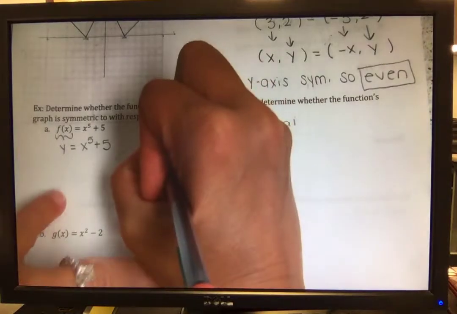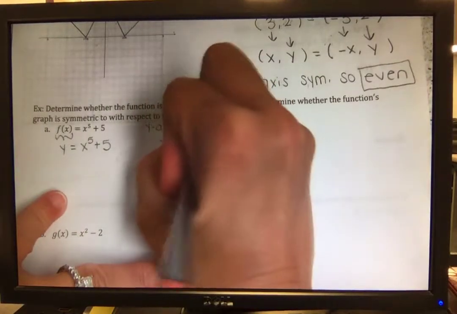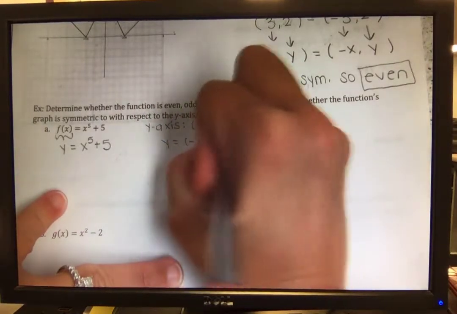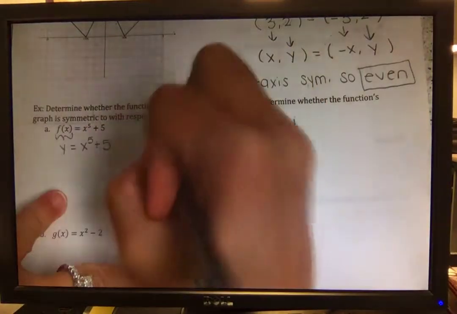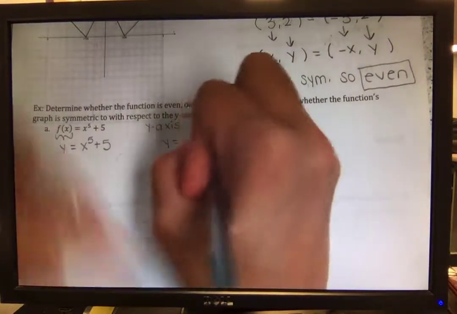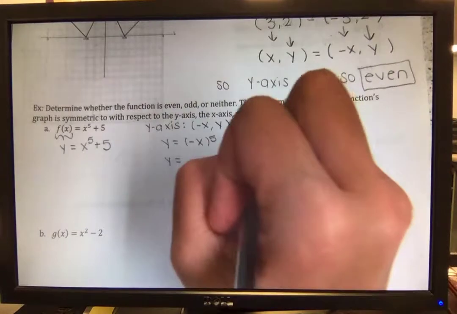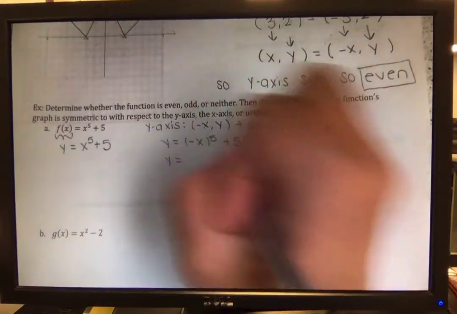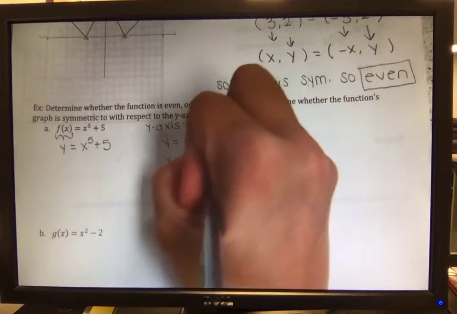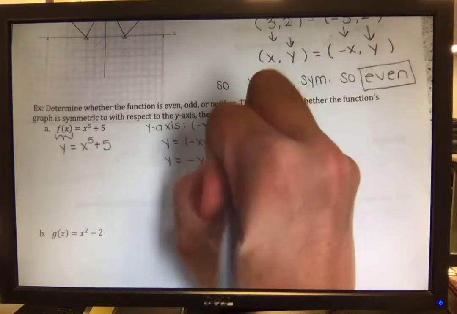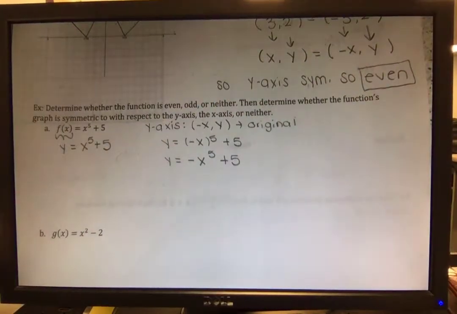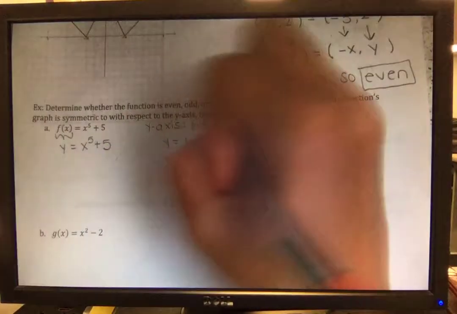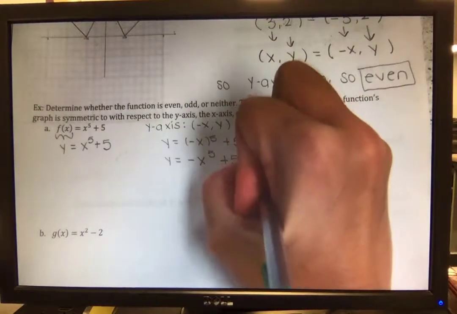So plug in negative x, so y equals negative x to the 5th plus 5. Negative x times negative x times negative x times negative x times negative x doesn't cancel out that negative, so it's still negative x to the 5th plus 5. Y equals negative x to the 5th plus 5 is not our original.